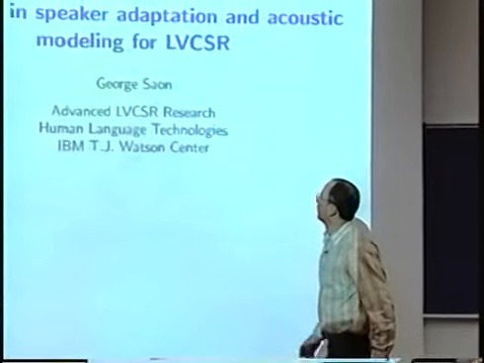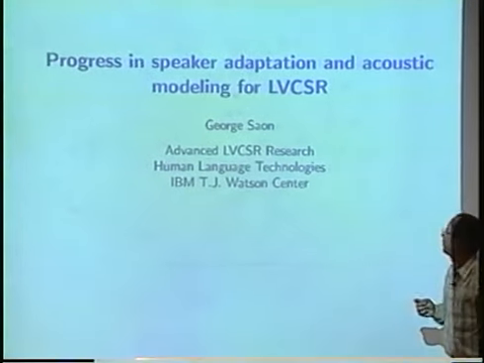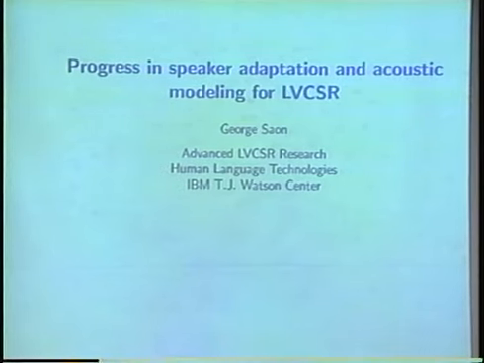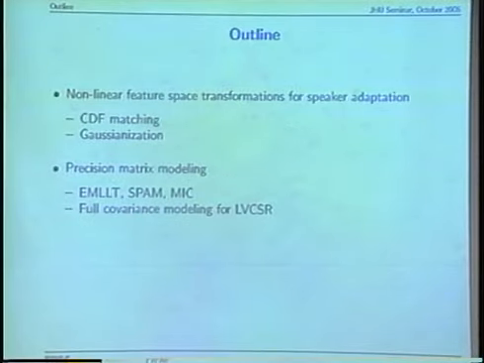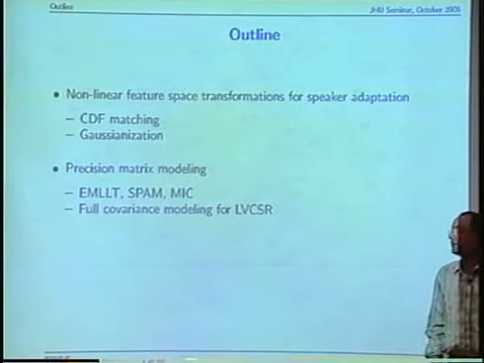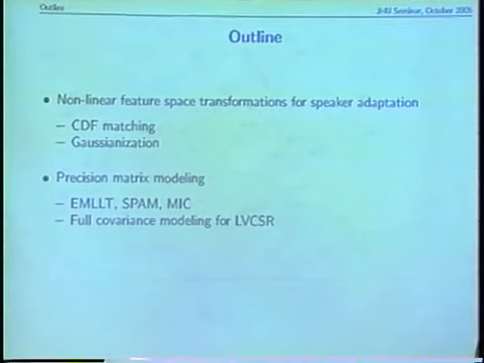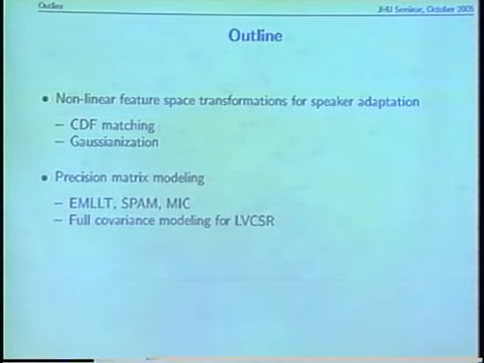So I'm part of the advanced LVCSR research, like Sanjeev said, which is a group in the human language technologies. And I'm going to talk today about two ideas that we used in last year's evaluation. One is related to speaker adaptation, and it's a nonlinear feature space transformation technique.